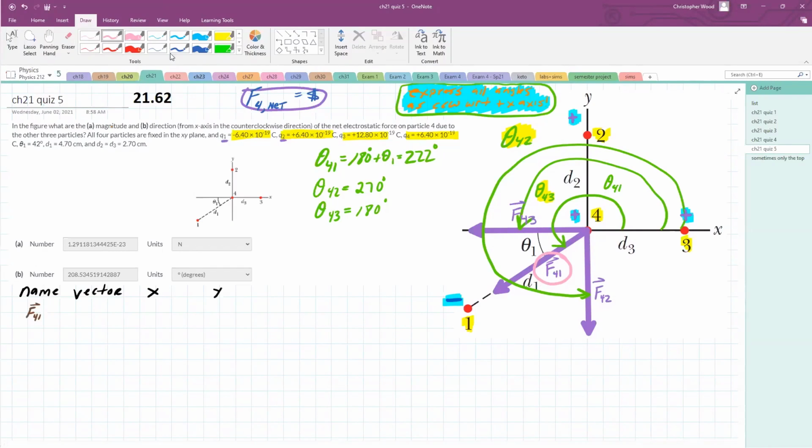So that vector looks like this. There's F41, and here's the angle I'm associating with that. I'm going from my plus x-axis, and this is theta 41.